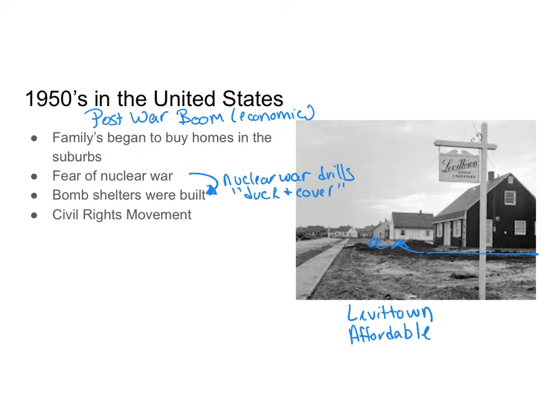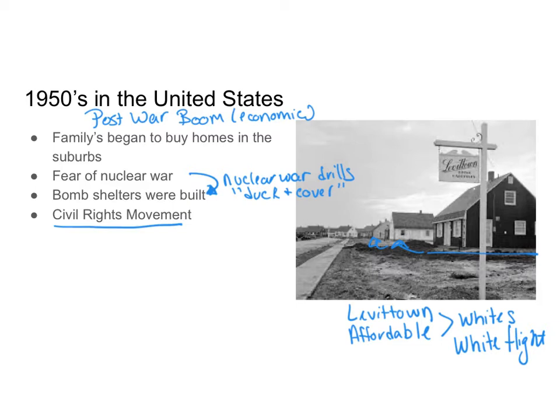Now, this was only one aspect of life, right? There was a full other aspect of life that was happening in the 1950s parallel to the suburban lifestyle, and that was the civil rights movement. So these Levittown affordable suburbs were essentially for whites, right? And this is what began the white flight, where white people moved to the suburbs and African Americans were left in the urban cities. We're going to talk in great depth about this in a couple lessons.